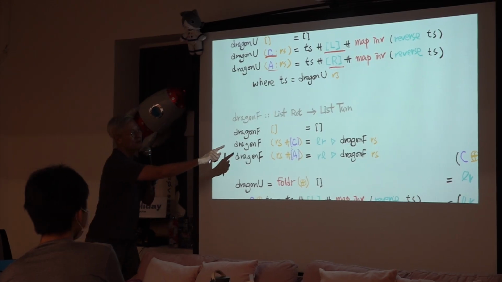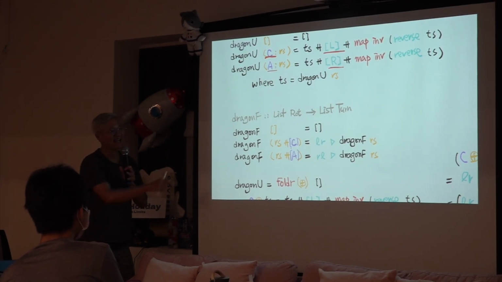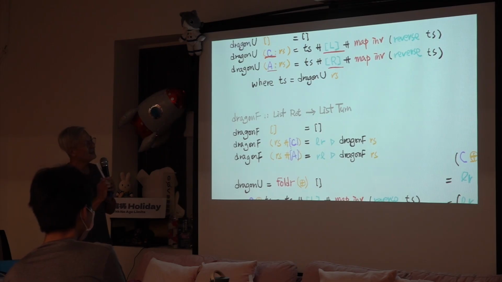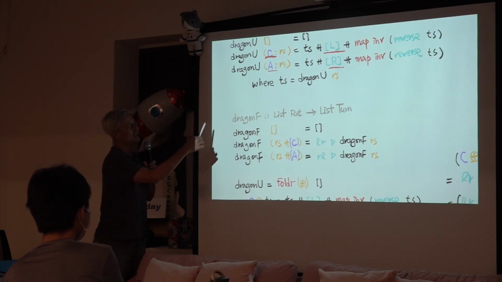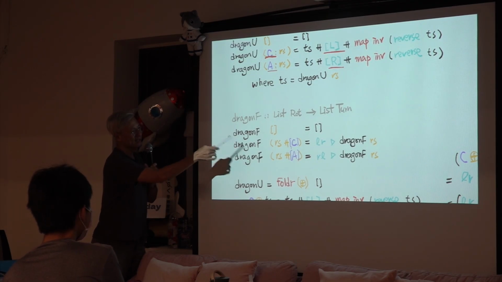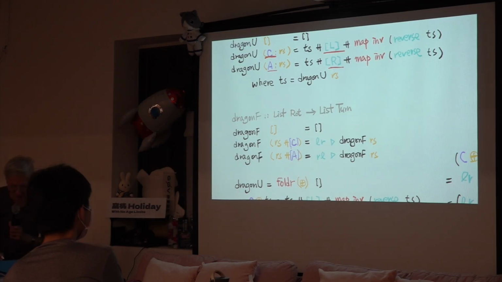So you need to go from the other end. When the last instruction is clockwise, you do the same thing of interleaving LR into the list. When the last instruction is anti-clockwise, you interleave RL into the list.